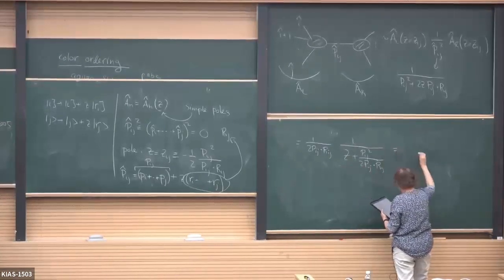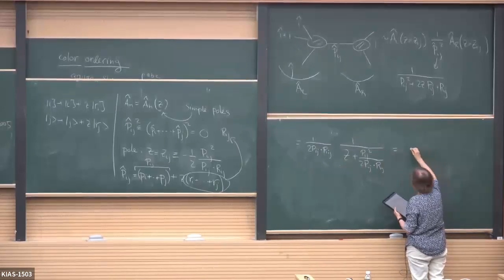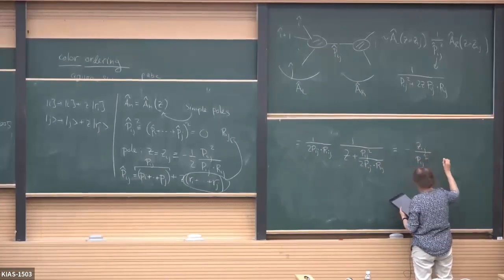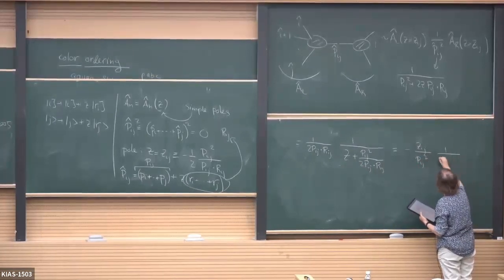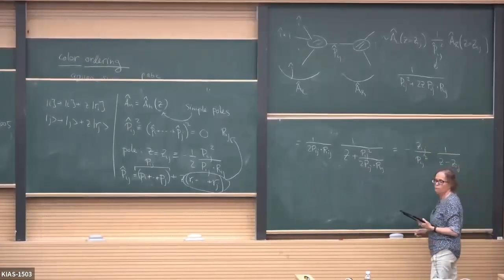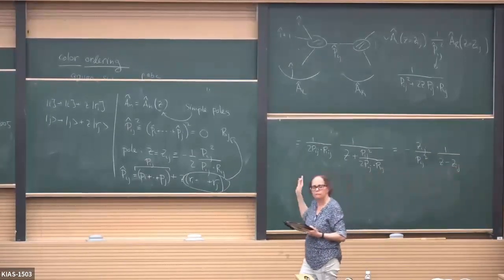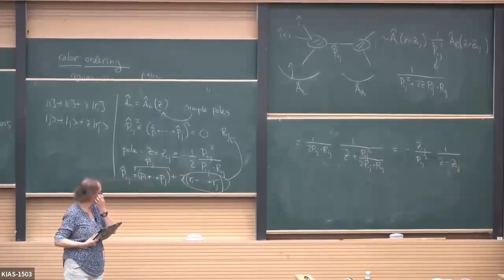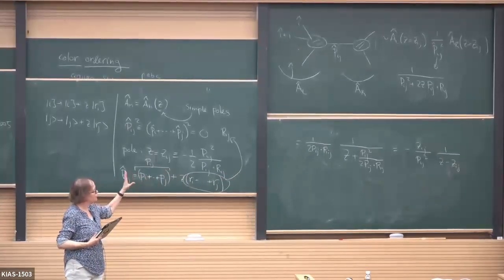And finally, we can write it as minus Zij over Pij squared divided by 1 over z minus Dij. So this is homework. If it's hard to see right away, just work through it.